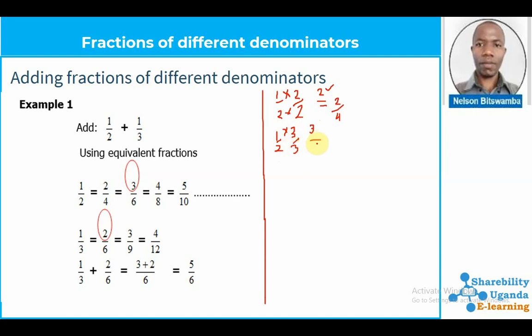So our answer here will be what is 1 times 3? We shall get a 3. What is 2 times 3? We shall get a 6. Is this right? Yes. So we have another equivalent fraction, which is 3 out of 6.